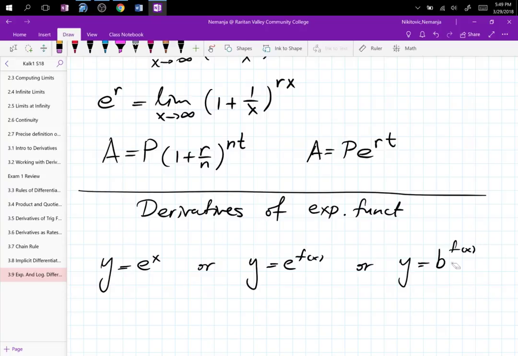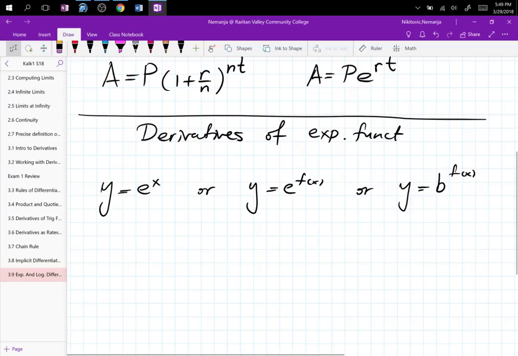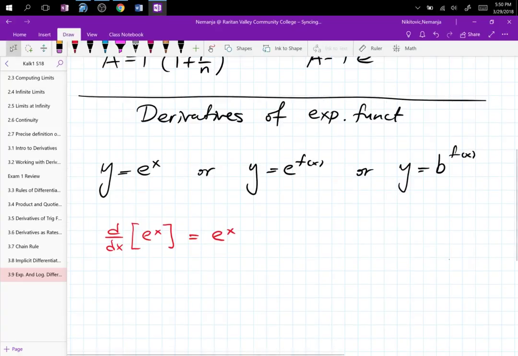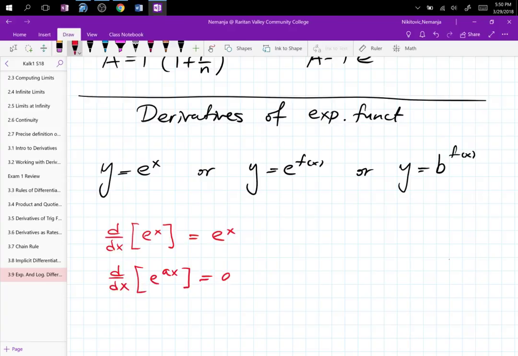So what are the formulas that are taking care of all of these derivatives? Well, the derivative of e to the x is your good old e to the x. Then we upgraded with the chain rule into e to the ax to be a e to the ax.